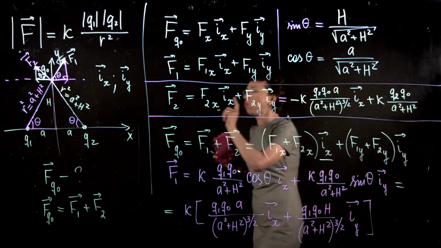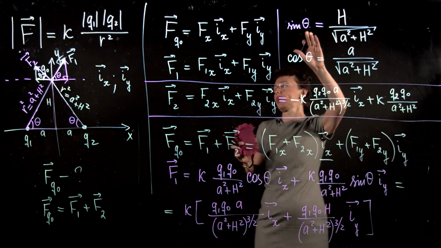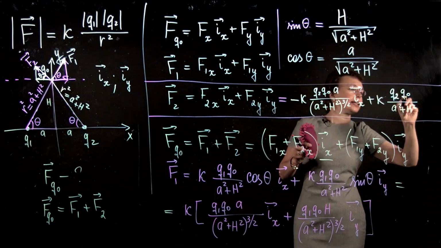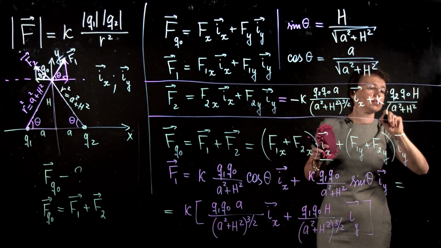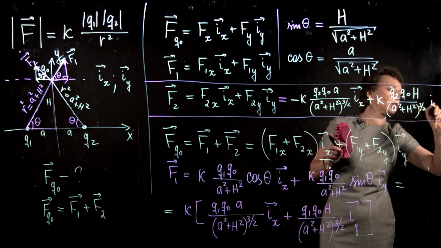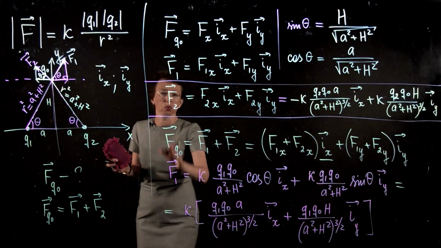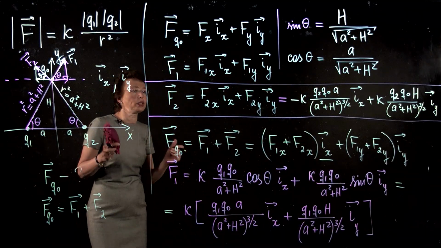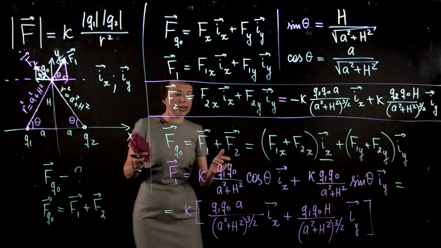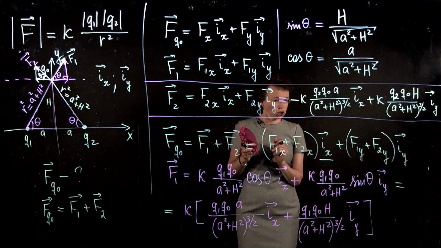This is the y component of F2. I need to multiply by sine theta. Sine theta is h divided by a squared plus h squared to 3/2. And we do not forget iy. So now we know both F1 and F2. All we need to do is add x components and y components together.